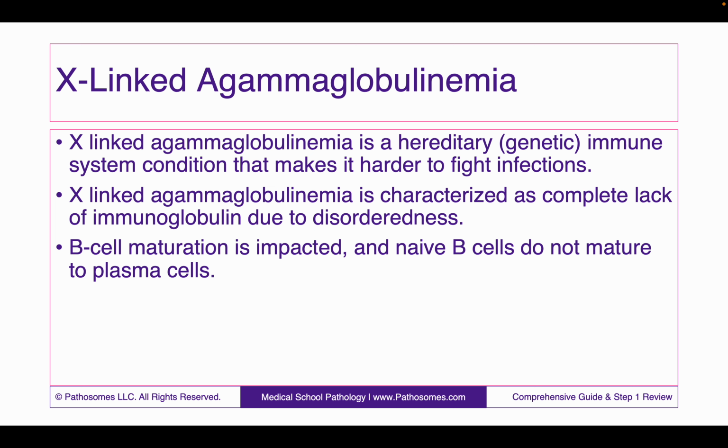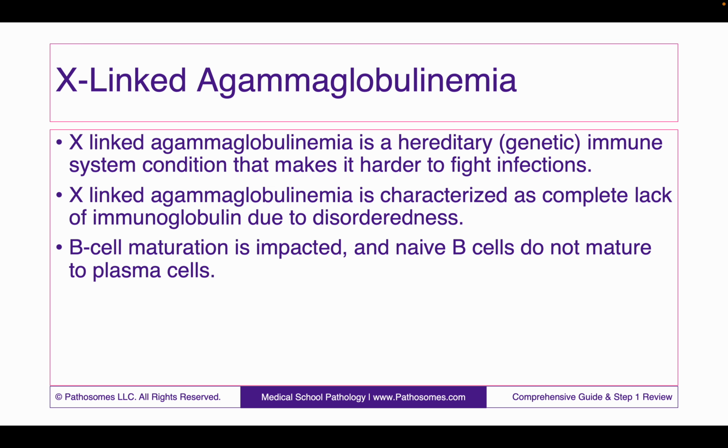Let's move on to X-linked agammaglobulinemia. X-linked agammaglobulinemia is a hereditary or genetic immune system condition that makes it harder to fight infections. It is characterized by a complete lack of immunoglobulin.